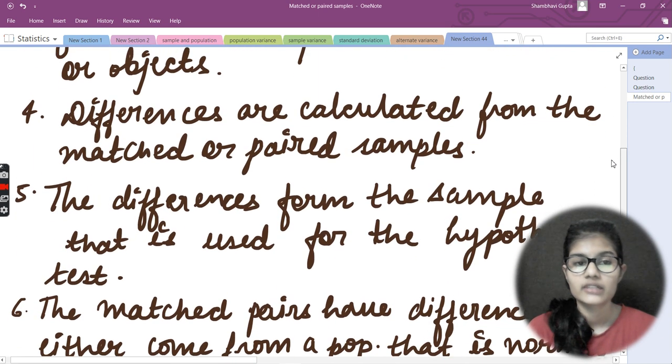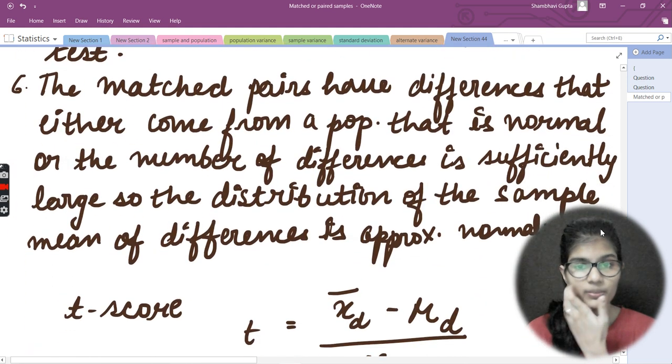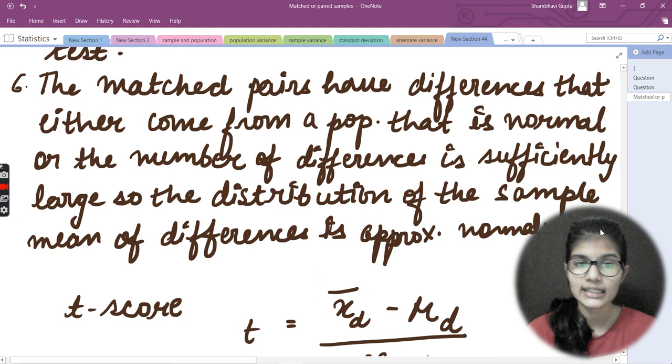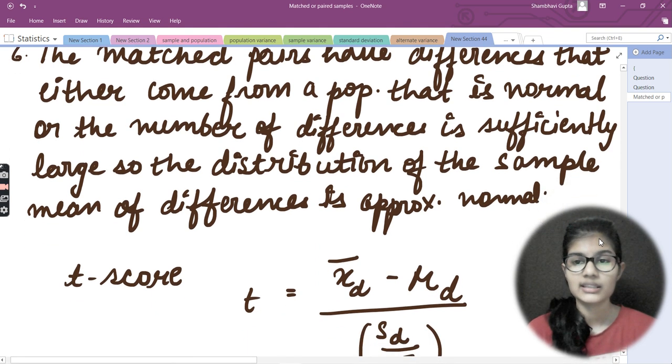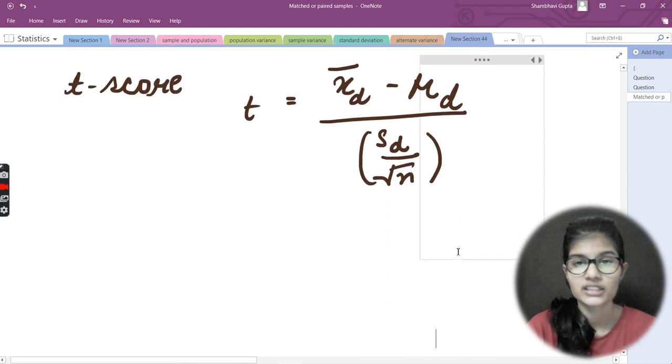Differences are calculated from the matched or paired samples. The differences from the sample are used for the hypothesis test. The matched pairs have differences that either come from a population that is normal, or the number of differences is sufficiently large so that the distribution for the sample mean of differences is approximately normal.